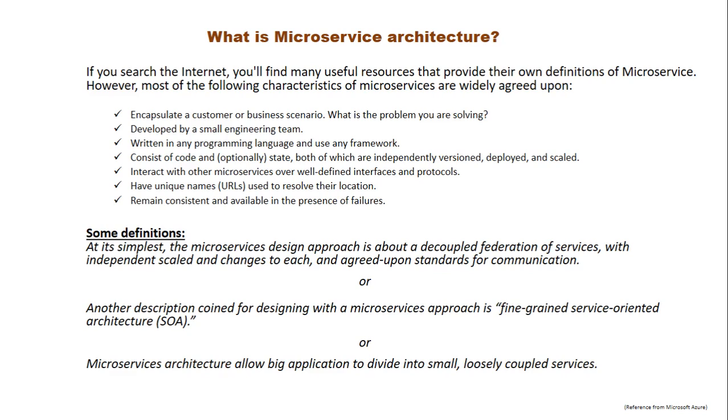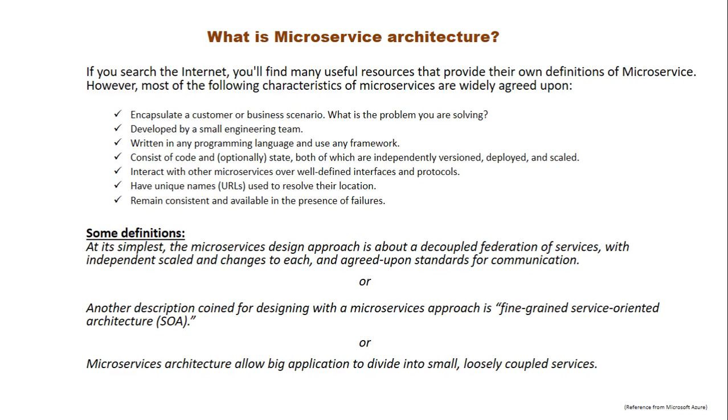There's a possibility that only one team develops each and every functionality, or that every service or component in microservices has a different small agile team. Number three, you can write in any programming language or choose any framework for your service.